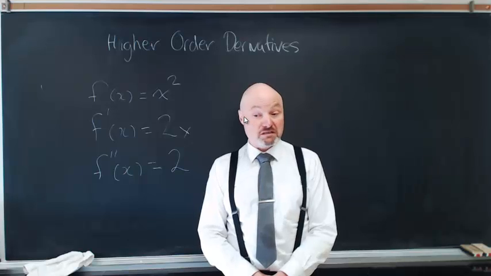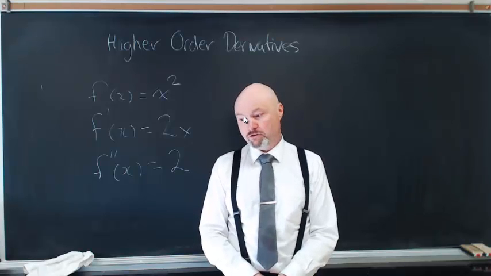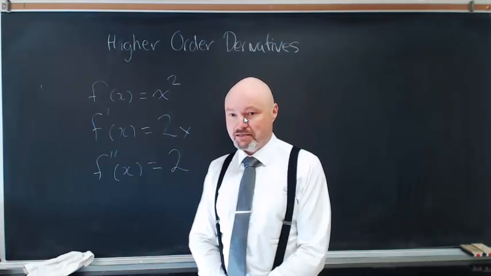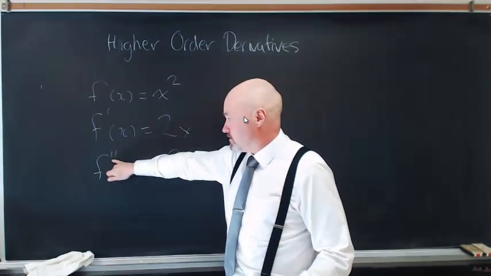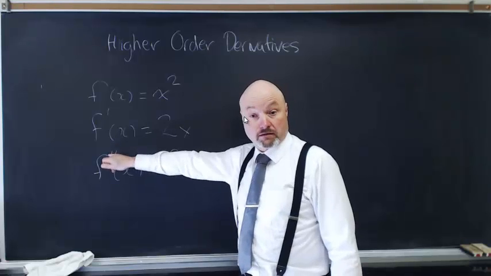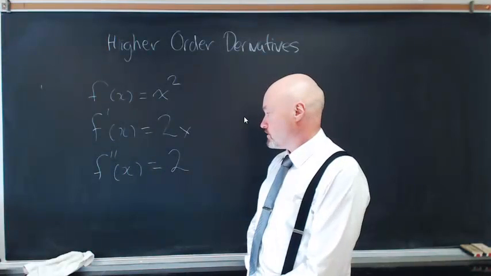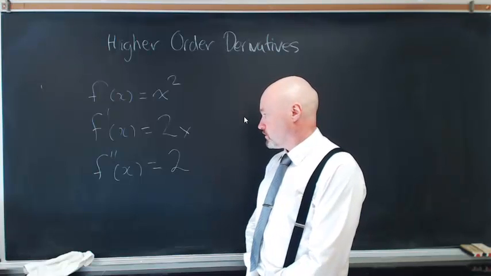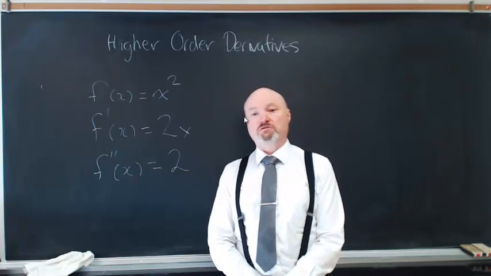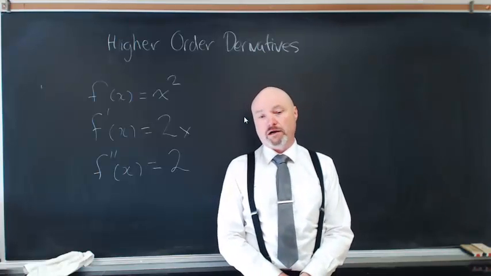So really, all you do is take the derivative of the derivative. That makes sense, right? Yes. And you symbolize the second derivative with the double prime. There's also the Leibniz notation, which is d squared y over dx squared.